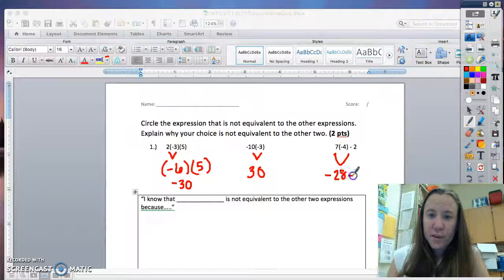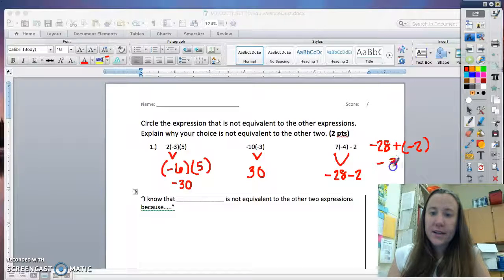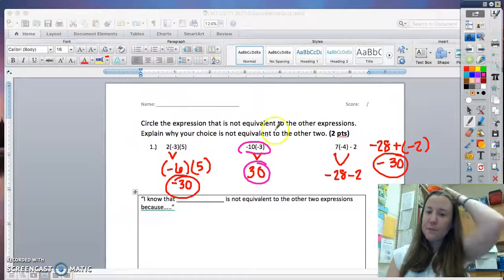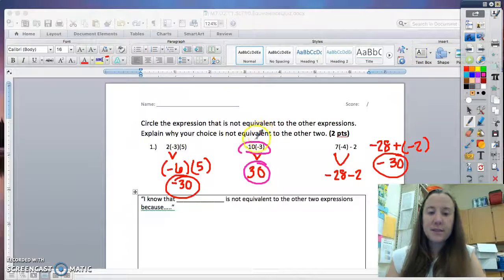And negative 28 minus 2, or negative 28 plus a negative 2, is negative 30. So the first and third example were both equal to negative 30. But the example in the middle was equal to positive 30. So you should have chosen this example in the middle, the negative 10 times negative 3.